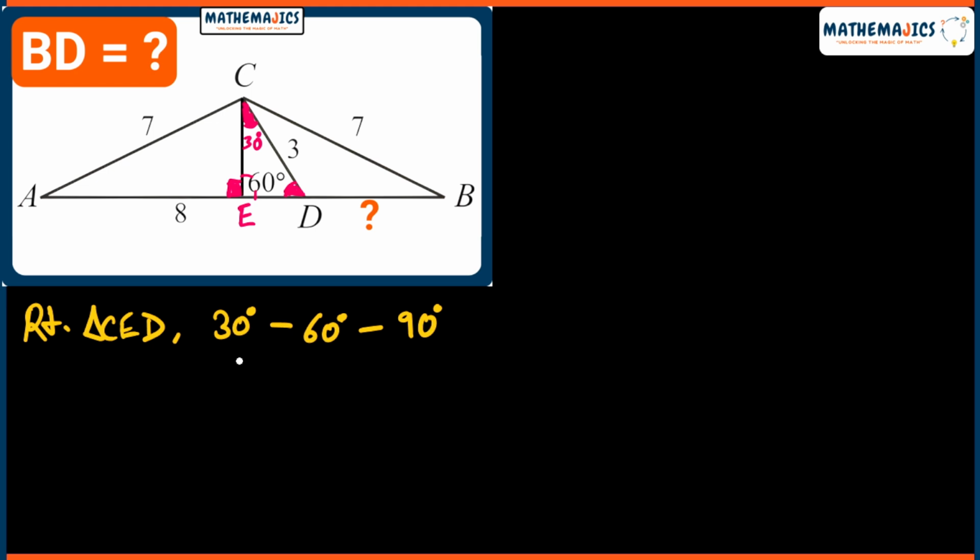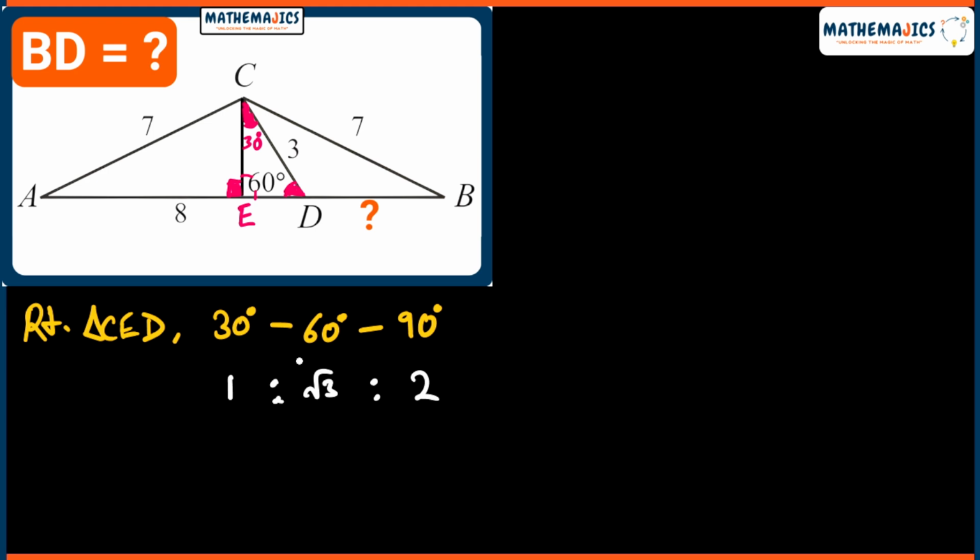What is the ratio? The ratio is 1, root 3 and 2. We will be using this ratio to find the length of ED.